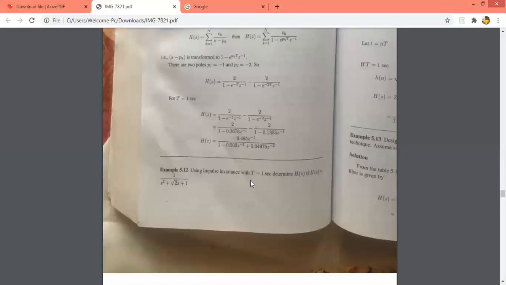Now there is one more procedure to find the digital filter transfer function using the impulse invariant method. Here H of s is given as H of s equal to 1 by s square plus root 2 s plus 1. First we have to find H of t, which is nothing but the impulse response.